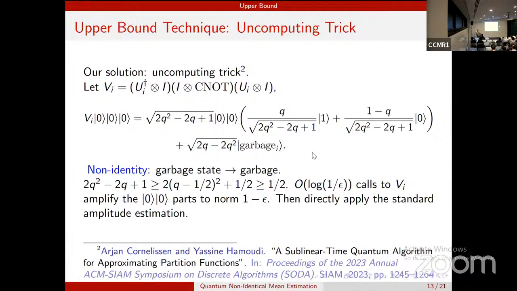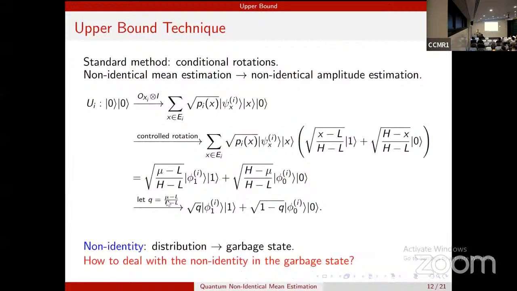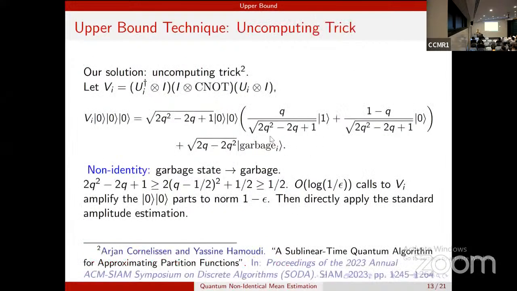It contains two components. The first component is totally clean. Here, it contains no non-identity and only the information of Q, which encodes our wanted mean mu. So this component can be used to estimate the mean.